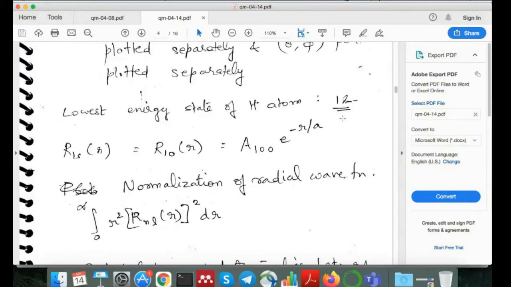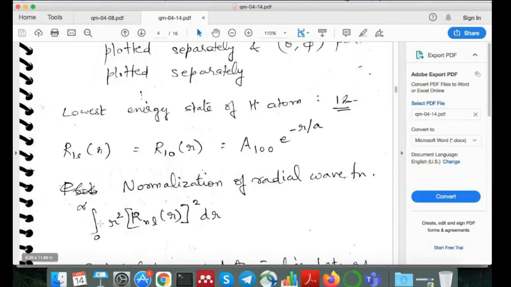Now if you want to normalize this function, because this is a normalization in spherical coordinates, you will have to multiply it with r square, and then like any other normalization, you take the square of the wave function and integrate over all dr, from 0 to infinity.